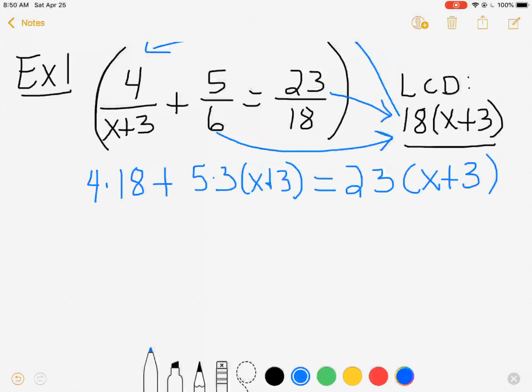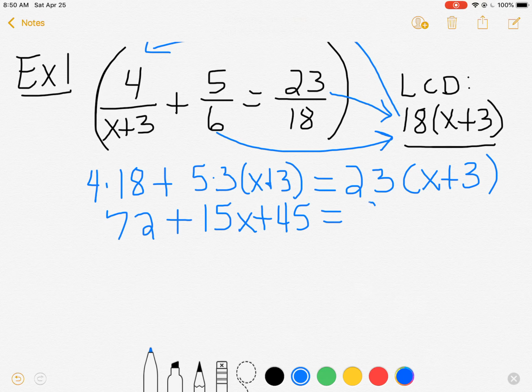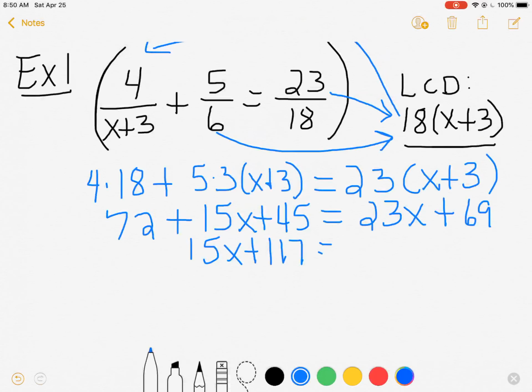Now I have a linear equation that I just simplify. 4 times 18, 72. Here I'm going to distribute my 15, so that's 15x plus 45. On the right hand side, I'll distribute 23, and I get 23x plus 69. Just collecting like things, I get 15x plus 117 equals 23x plus 69.